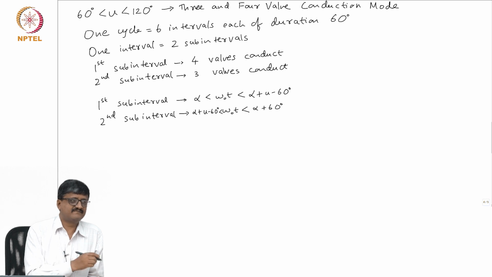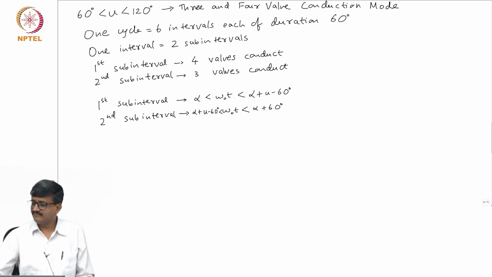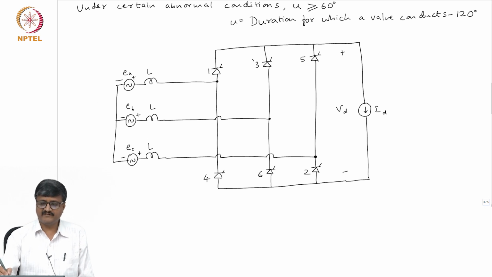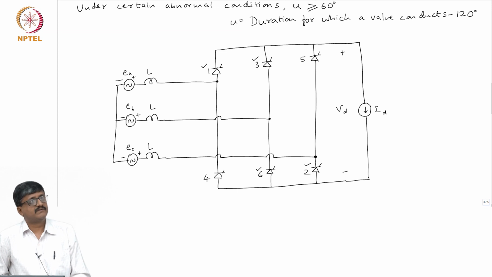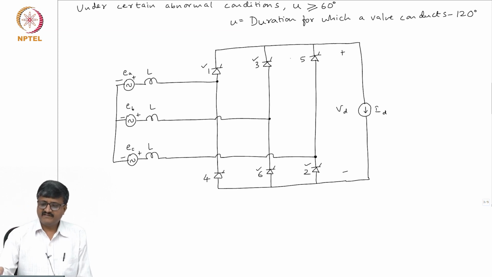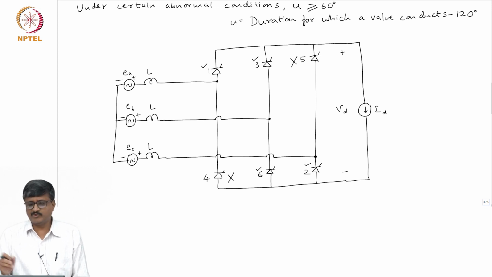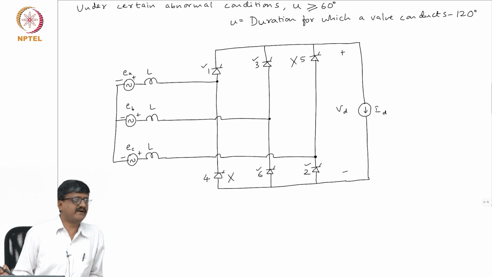Which 3? The other valves which are already conducting are 6, 1, 2. So, I need not show 5 or 4. I am just redrawing the circuit without showing the elements that do not conduct, that is all.